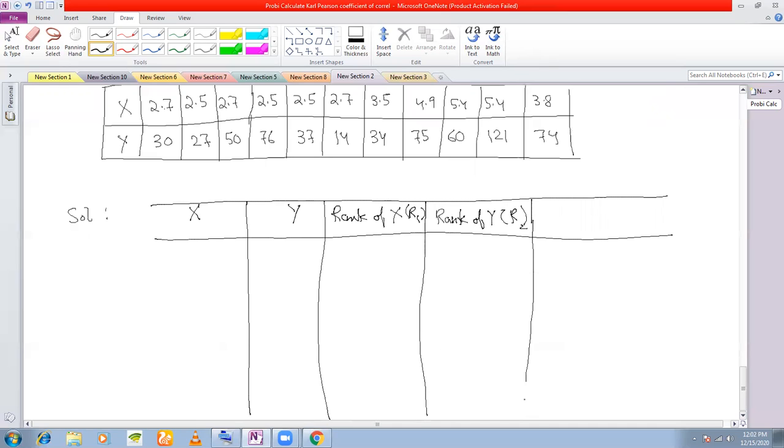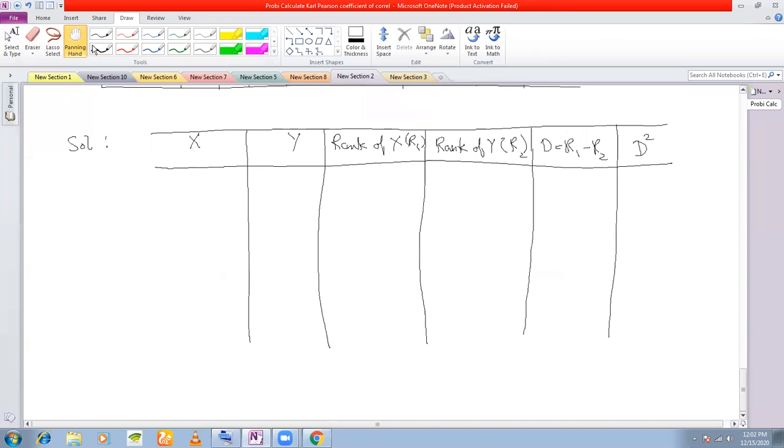Then the difference of the ranks, and the square of the difference, d square.